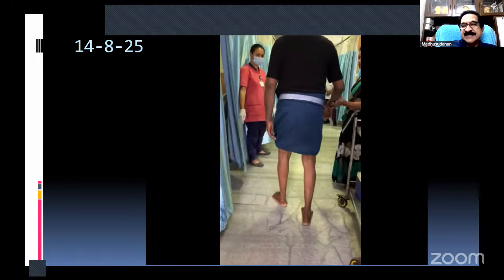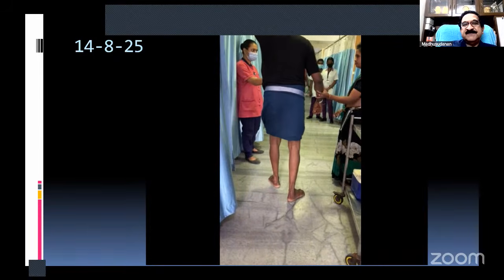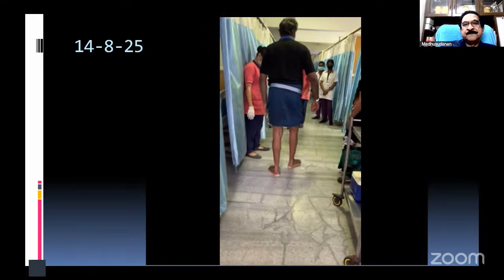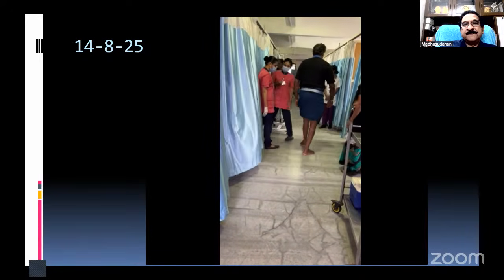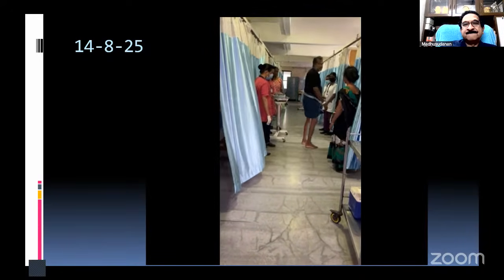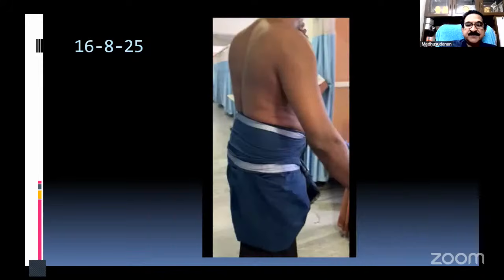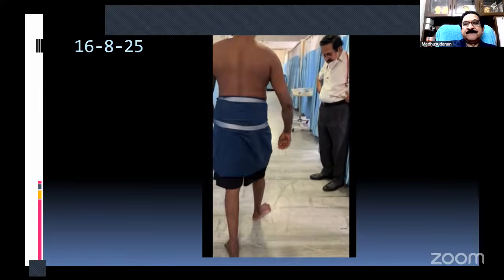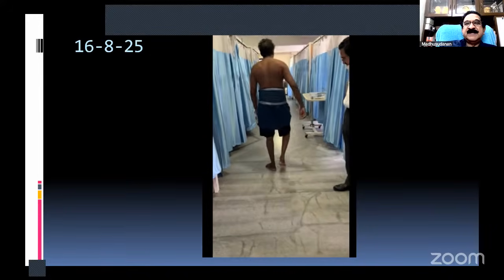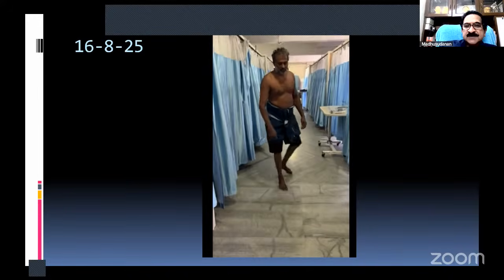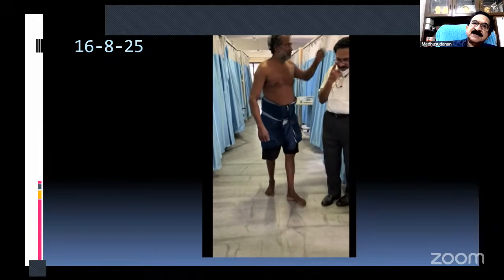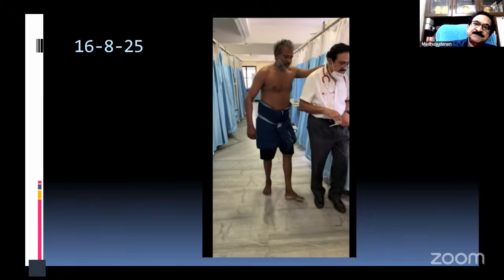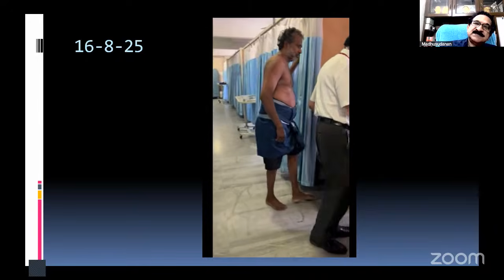Again, occasional freezing is there, but much less compared to the previous one. This is the last video on 16. He's walking much speedier now, and even has mild freezing, but much better; he could do all his activities on his own. Initially, he needed support to walk.